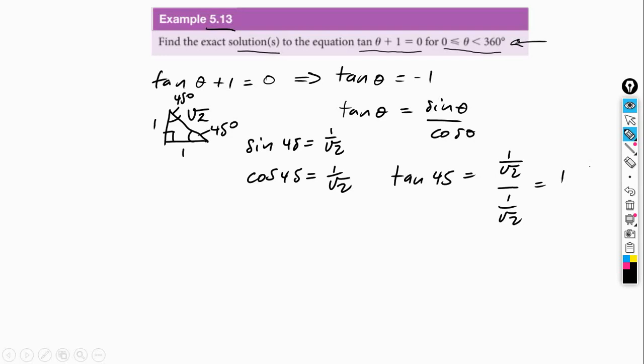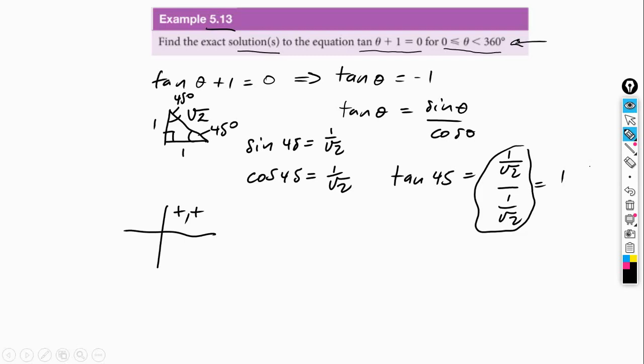But we know that there are cases where we're going to have that sine is negative or cosine is negative. We need these to be opposite in sign in order to get -1. So if we go back to the unit circle, we know that in the first quadrant, cosine is positive and sine is positive. Therefore, there's no solution in the first quadrant.